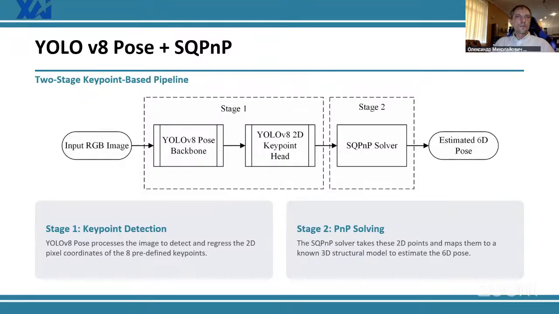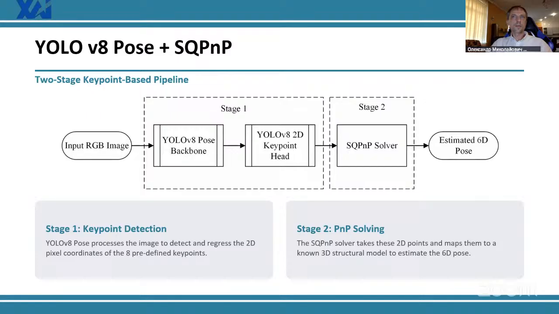So, as I said before, in this paper we compare two YOLO-based architectures. Let's look at our standard baseline approach. This is a two-stage pipeline, which is still most commonly used in industry today. For the first stage, we chose the YOLO Pose version 8 detector, which is trained to detect pixel coordinates of key structural points of a drone.